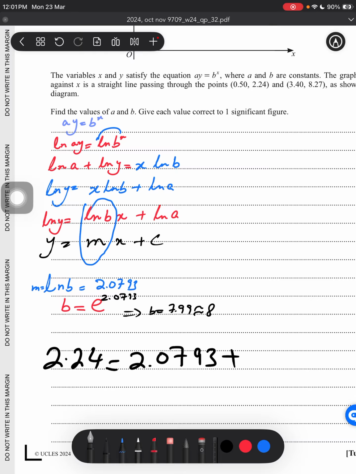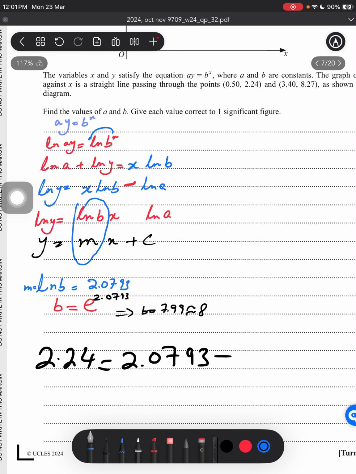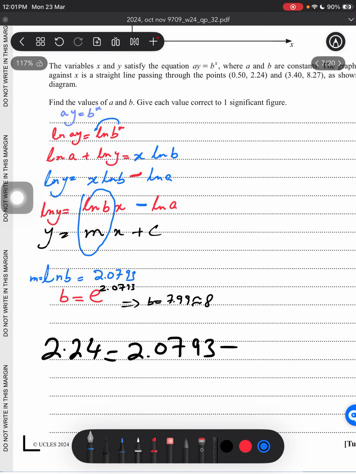And let me just correct it, it was not plus, it was just minus. I have made a mistake over here, because when it was shifted over here, it would turn out to be negative. So over here, ln of a would be left.